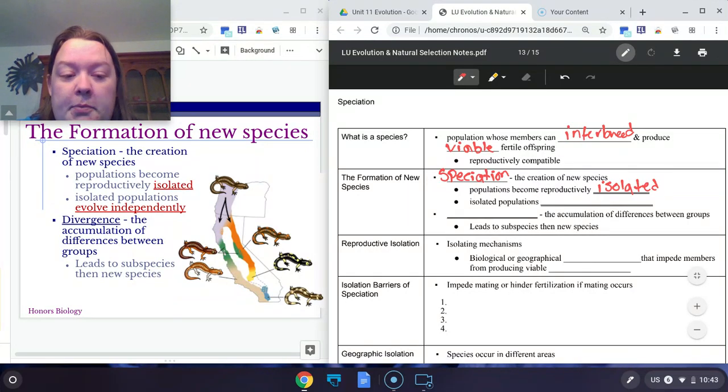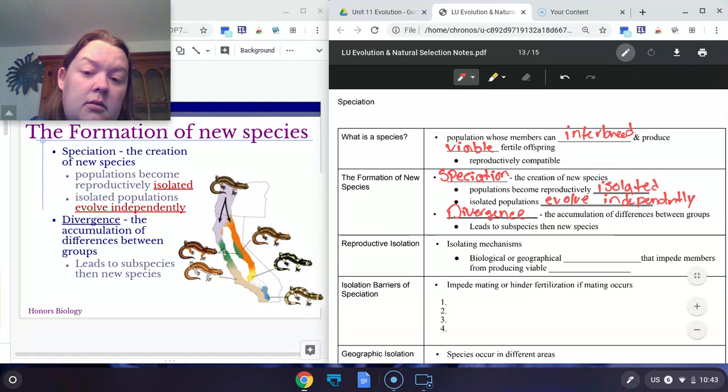And then the populations are going to evolve independently from the one they came from. And that is going to lead to divergence between the two species, accumulating various changes, making them unique, therefore making a completely new species.